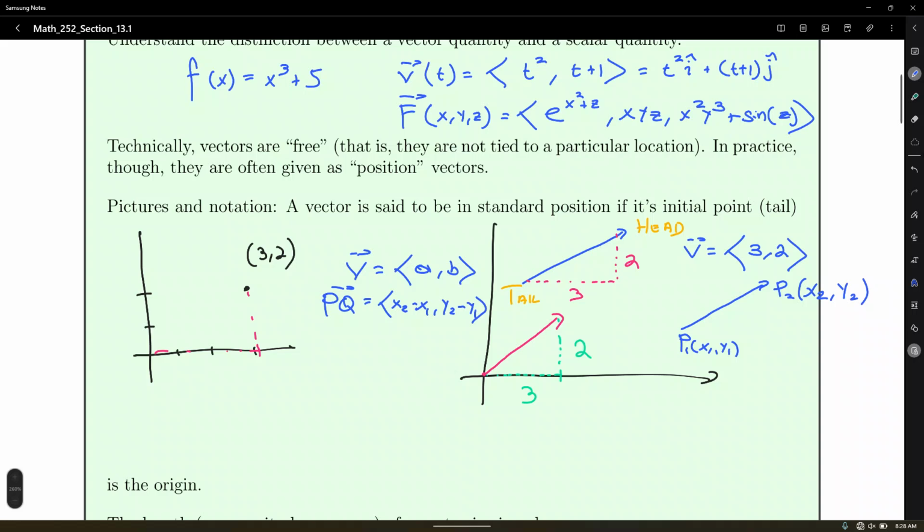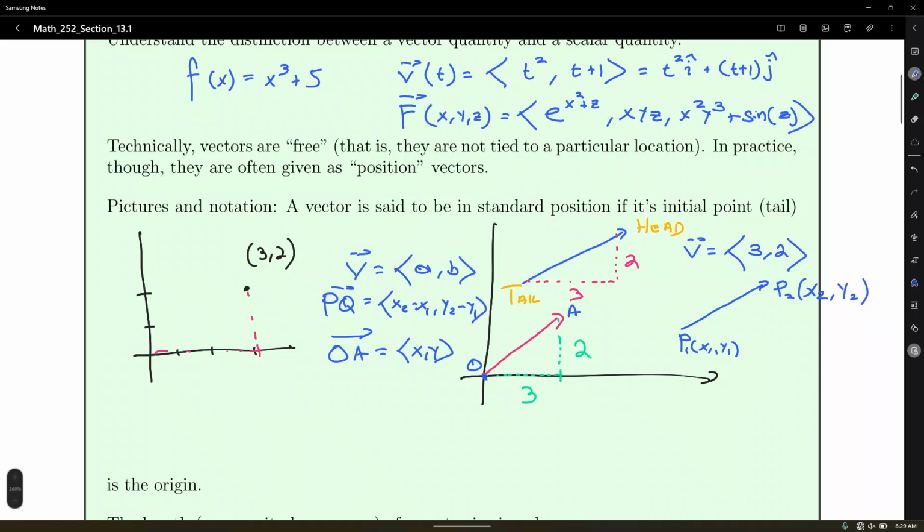All right? Now, this other special vector, let me call it OA. What's O? Well, that's the origin. That's simply going to be x, y.